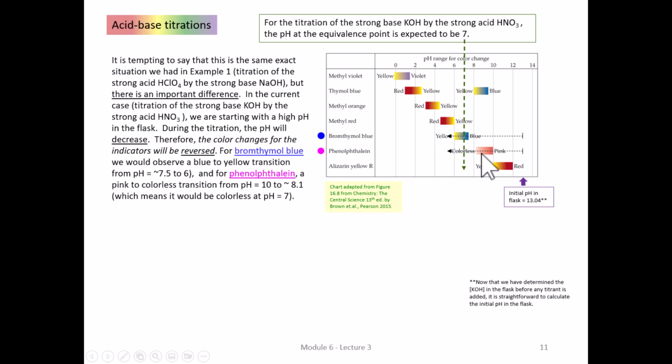Although you should note here that phenolphthalein loses a little bit of its advantage because we said before it's a lot easier to see a transition from no color to color. It doesn't hold for this transition because you'd go from a pink solution to colorless, so you'd have to decide when the pink is totally gone. It's a little harder to detect.